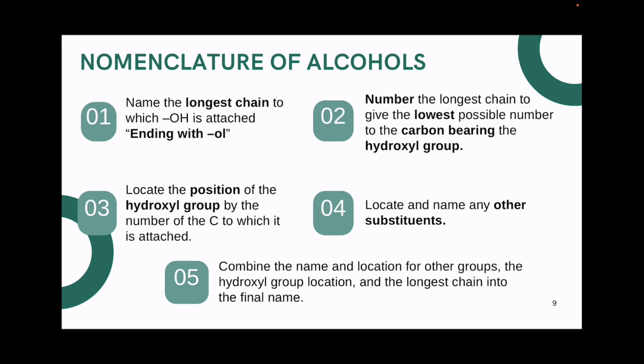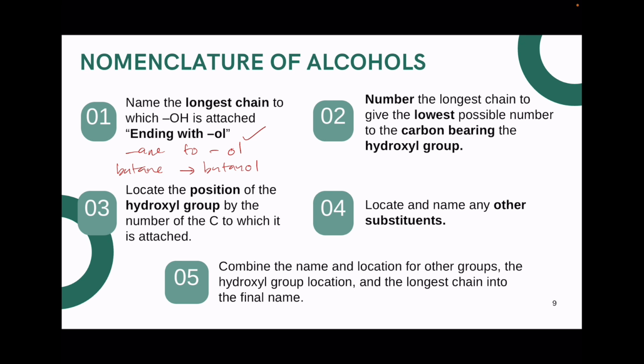To name alcohol using IUPAC rules, first of all, select the longest carbon chain containing the hydroxyl group, and then you need to replace the ending A and E with OL. For example, butane, when it is attached to the hydroxyl group, becomes butanol.